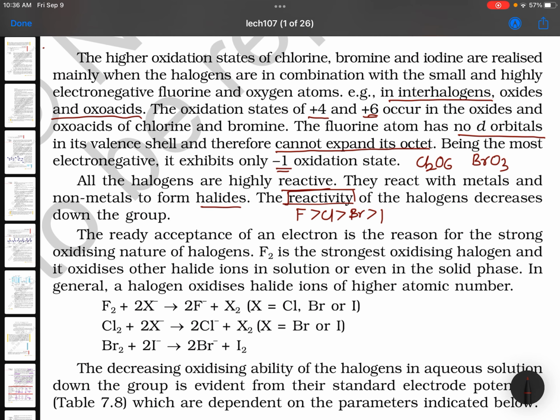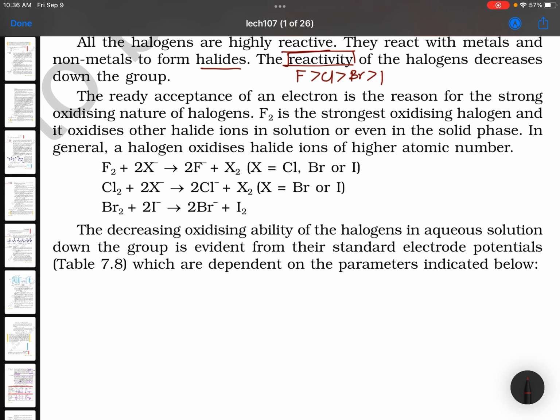One very important point. The ready acceptance of an electron is the reason for the strong oxidizing nature of halogens. Fluorine is the strongest oxidizing halogen and it oxidizes other halide ions in solution or even in the solid phase. In general, a halogen oxidizes halide ions of higher atomic number.